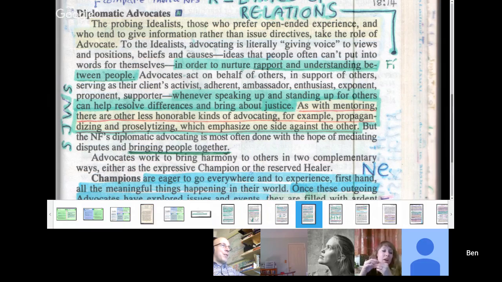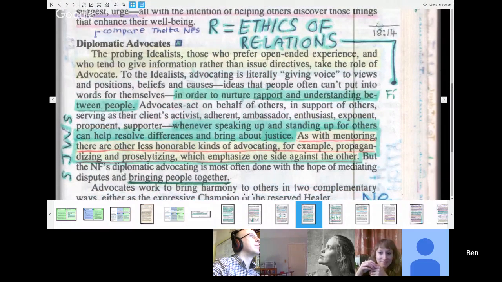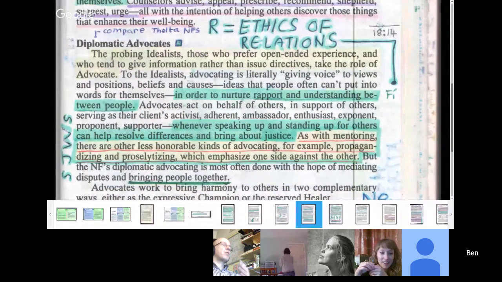Go on, Mark. Yeah, I would say the first part, definitely. Right, so I'll just say that MBTI and Socionics have different definitions of FI, but Kersey doesn't do functions, and to me, this sounds like ethics of relations.